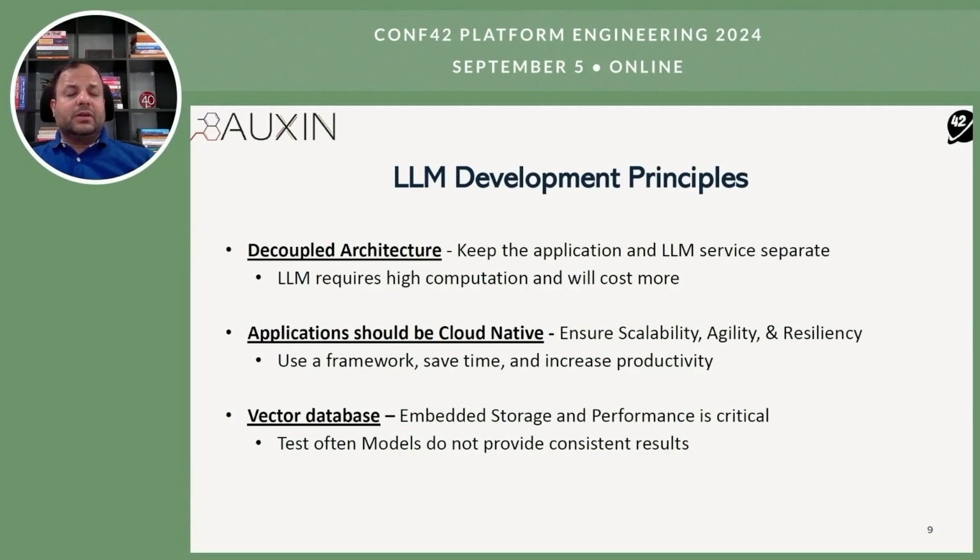Decoupled architecture will provide you better return on your investment. Applications in cloud native will allow you to do rapid prototyping, which is part of how all applications are built. And vector databases that have higher performance and storage functionality will allow you to make sure that you have data rights management at scale, so you can build a decoupled architecture that we want to build for security.